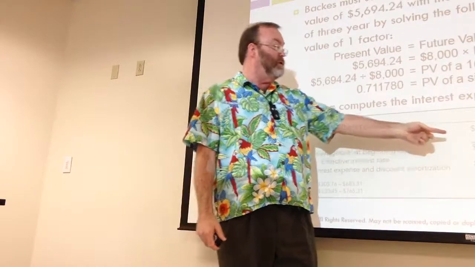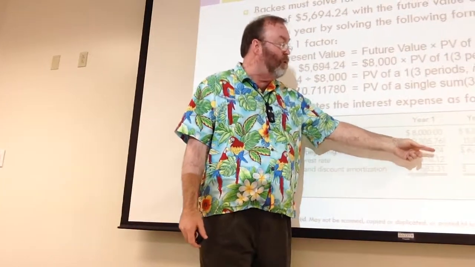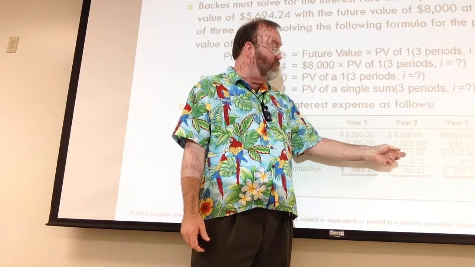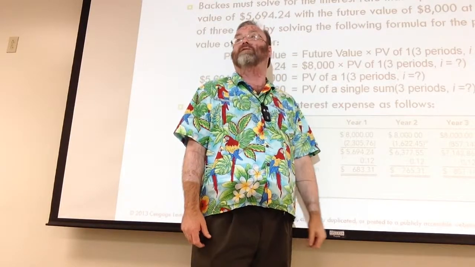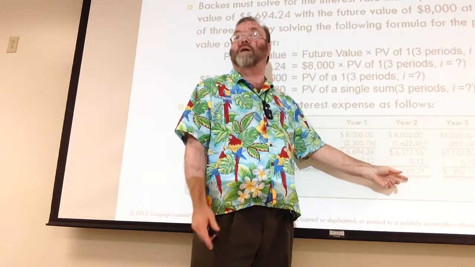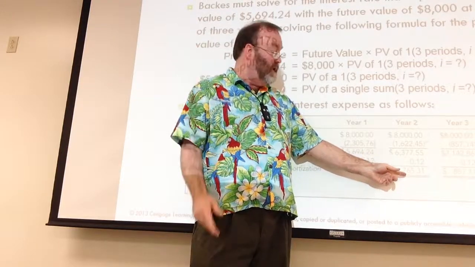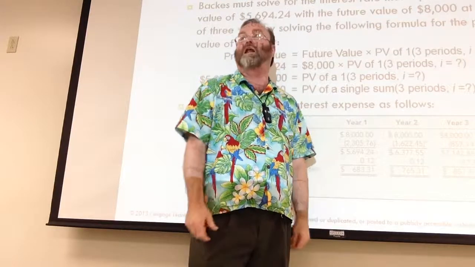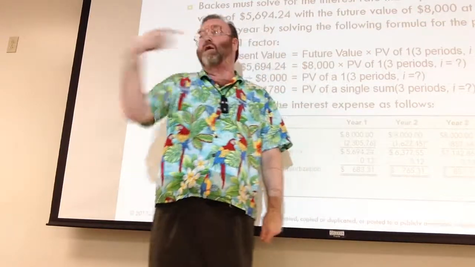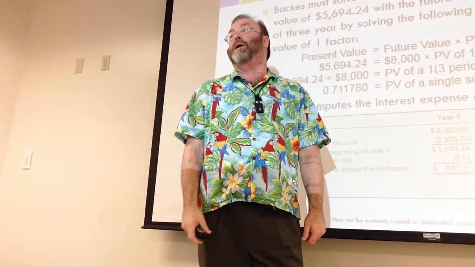Add that to the $5,694.24, and you now have a book value of $6,377.55. Multiply that by 12%. Interest expense for this second year is $765.31. That's the debit, and the credit is the discount on notes payable.